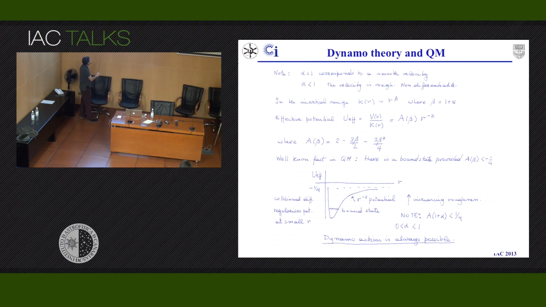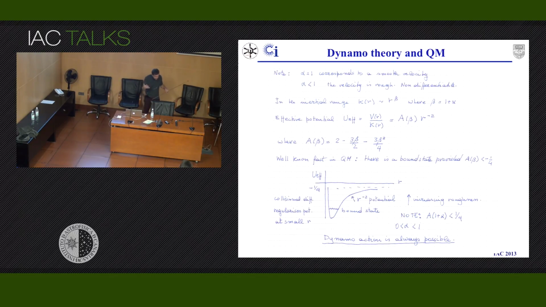But if beta is small, this can go down as much as you want, and the roughness just governs whereabouts this is, up and down. But if you look at it, no matter how you slice it, this A here, which is what multiplies this potential, is always less than a quarter. It's always down here.